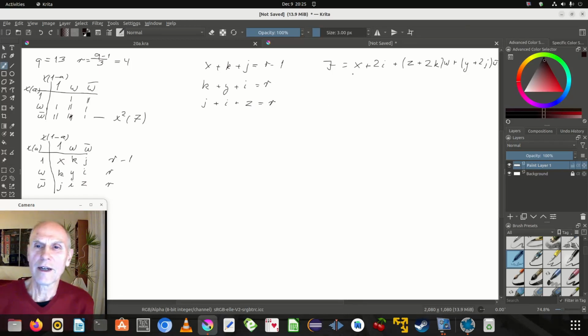So Friday, I didn't think I could get anywhere with this, but then this morning I realized that omega minus omega bar equals square root of minus 3.